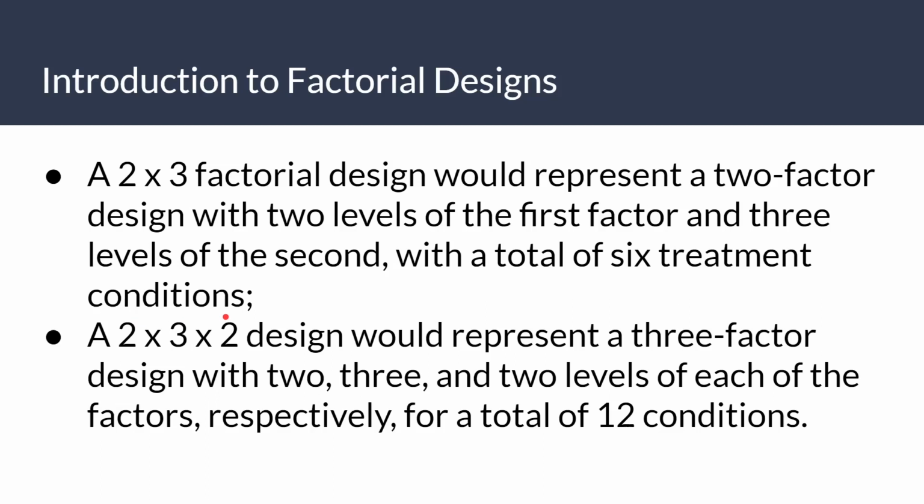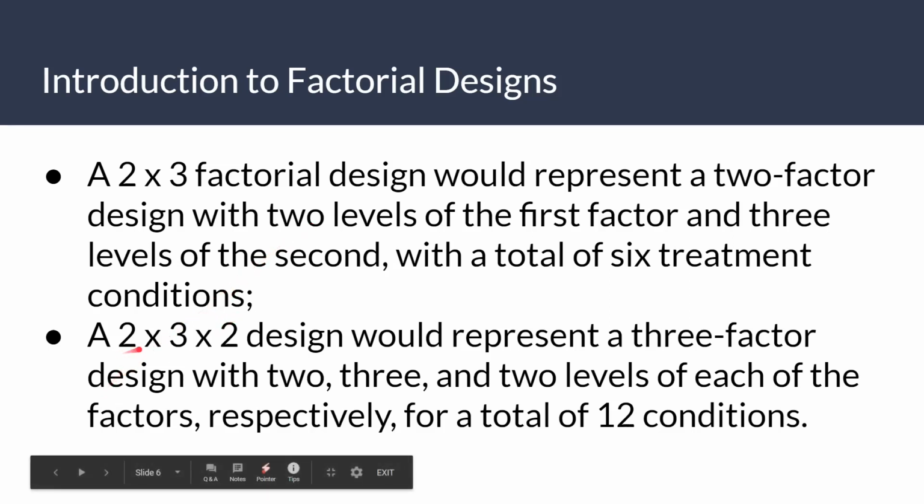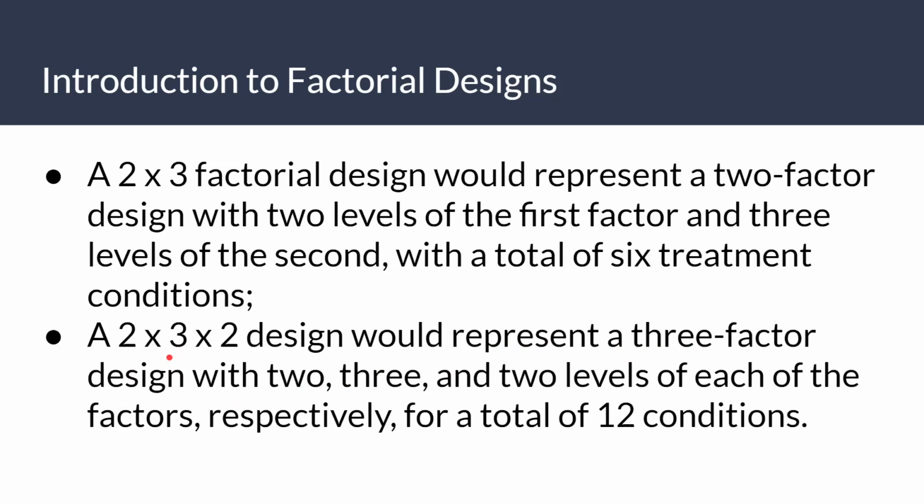So if you're going to perform more rigorous types of studies, you may come up with what we call a three-factor design. And with the three-factor design, it would look like this. There would be 3 numbers here. And in this case, the first variable has 2 levels, the second independent variable has 3 levels, and the third independent variable has 2 levels.